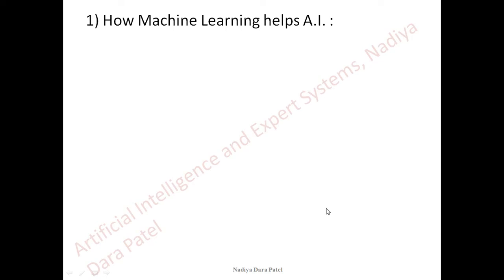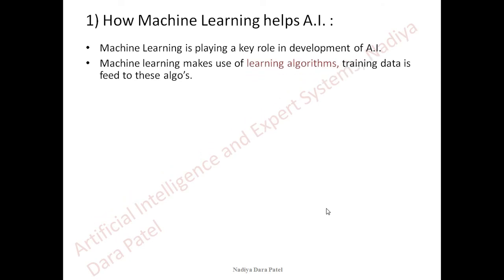So the first branch, which we have already discussed in the previous lecture, is machine learning, which is completely based on data. I have given you an overview of what machine learning is and what deep learning is. So machine learning is a branch which works on data. So how exactly is machine learning helping artificial intelligence? The first thing is that it makes use of learning algorithms, and these learning algorithms need training data to carry out their processing.